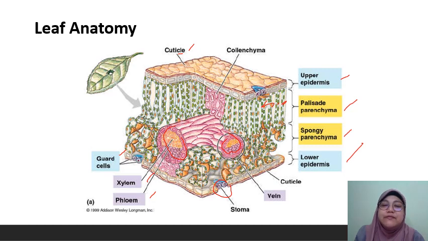So the spongy mesophyll cells are more spread out than the palisade parenchyma cells because there are intercellular spaces, air spaces. They contain fewer chloroplasts than the palisade layer.